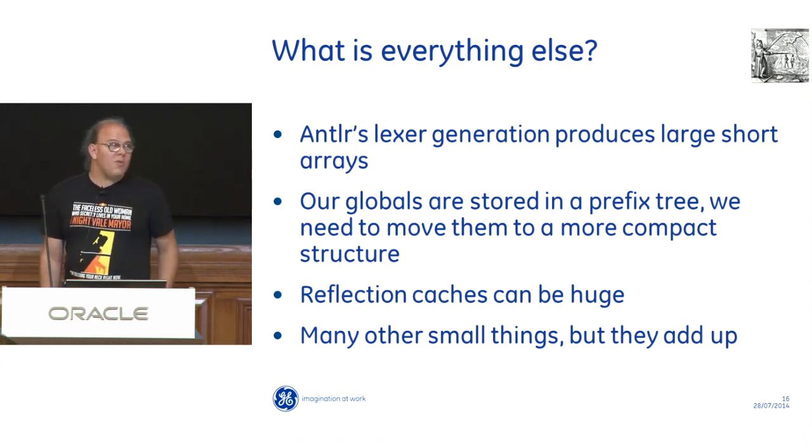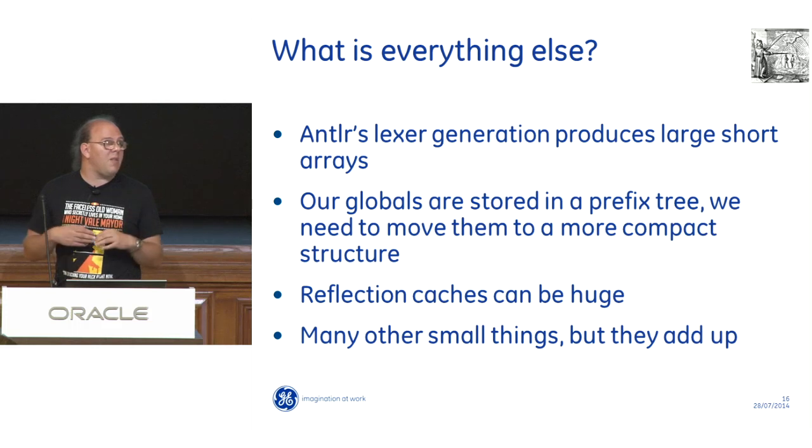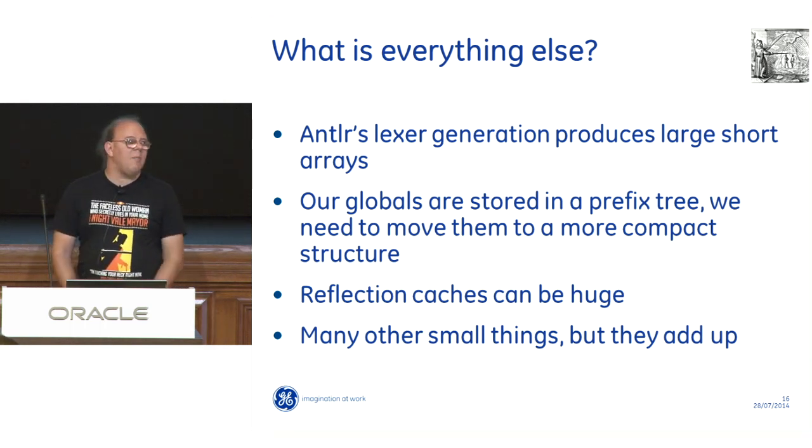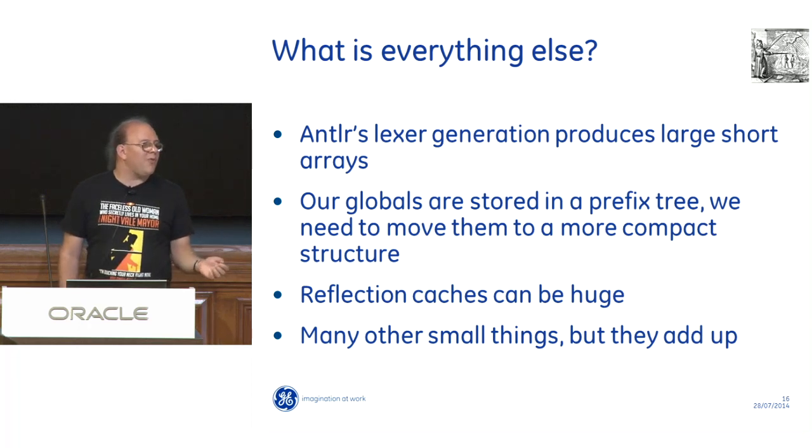Things like globals, we're storing them in a prefix tree that is nice and lock-free, but it's not a particularly compact representation, so we need to shift that. Reflection caches, because you want to store a bit of information in the generated bytecode to describe semantics of a method that aren't representable by Java straight.